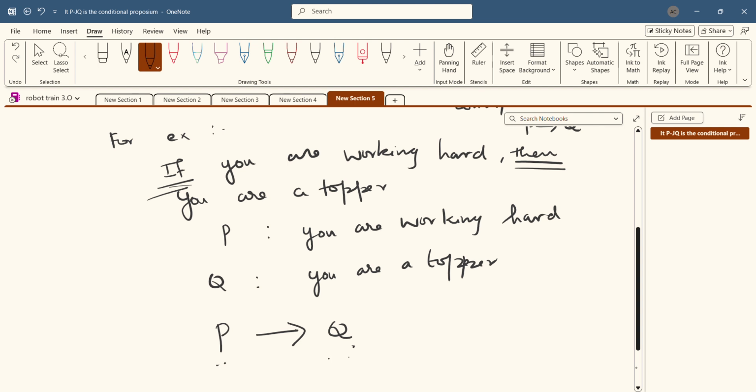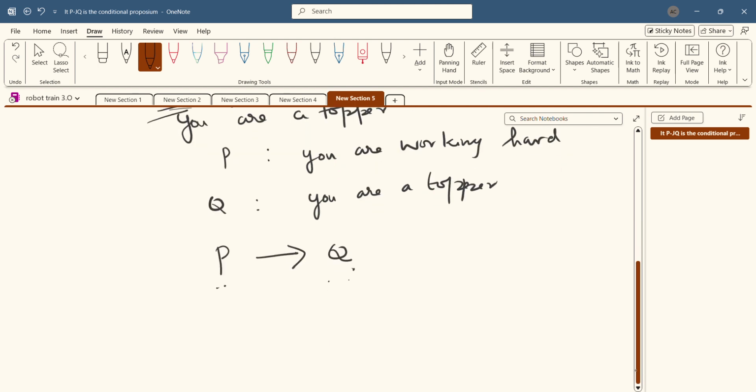So P conditional Q. From this statement, I can define inverse, converse, and contrapositive. What do you mean by converse? P conditional Q means the converse is Q conditional P. Negation P conditional negation Q will give the inverse.